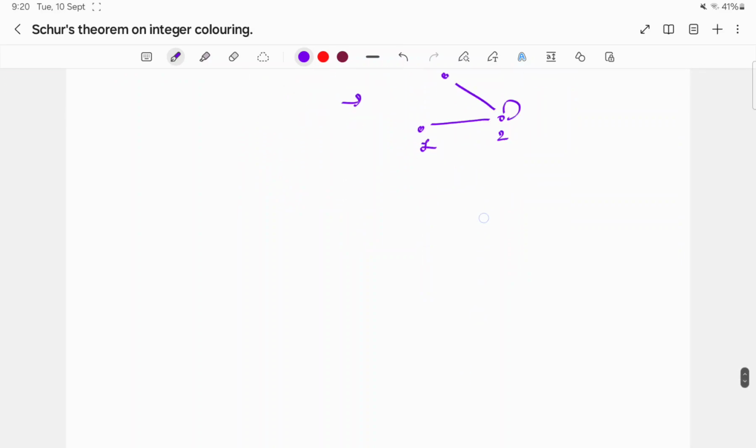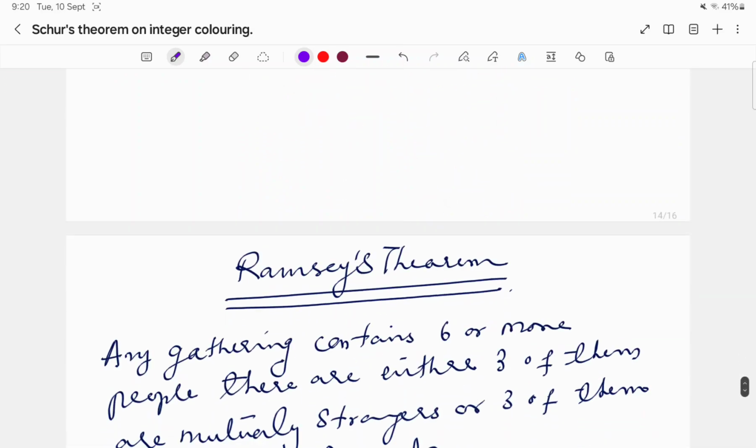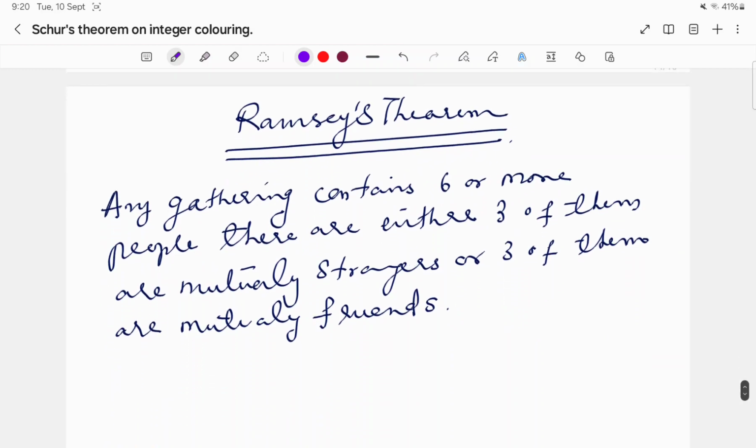Now let's go to Ramsey's theorem. Ramsey's theorem tells you that any gathering of 6 or more people contains either 3 who are mutually strangers, they don't know each other, or 3 who are mutually friends, they all know each other.